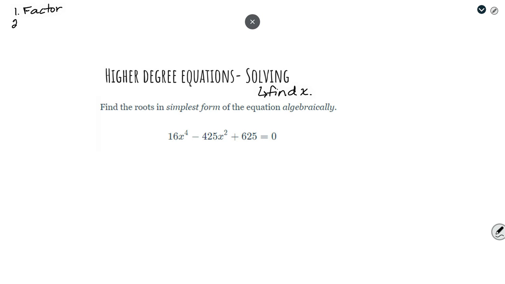Then you're going to go one step further and you're going to apply the zero product property, which basically means that you're going to set each factor equal to 0. And I'll talk about why when we get there.